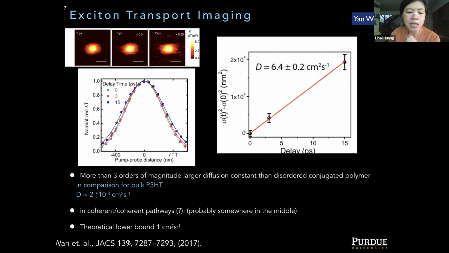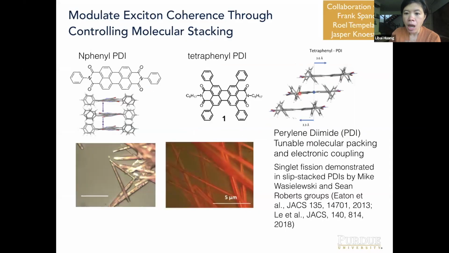And with Yasuo, we also simulated the lower bound of the exciton diffusion constant without taking into account the exciton being delocalized. The theoretical lower bound is 1 centimeter squared per second. So this is still higher than that prediction, meaning that the delocalization does play a role.